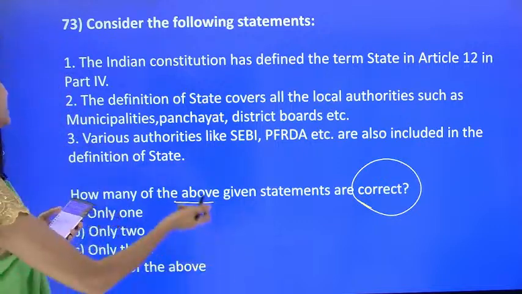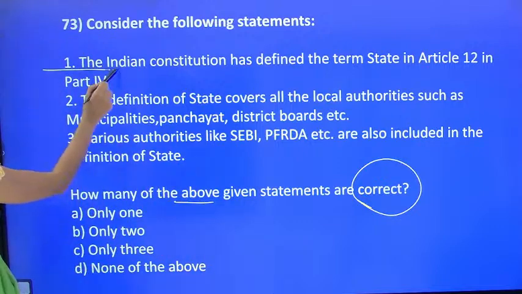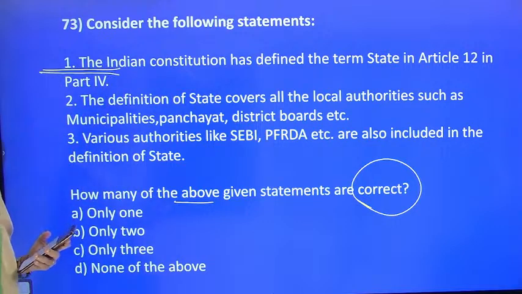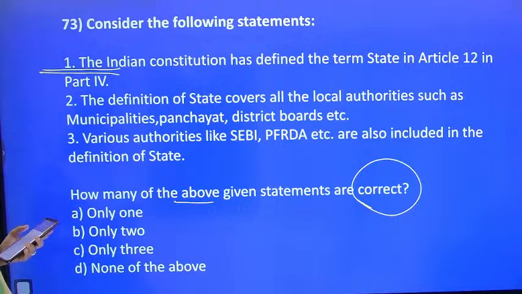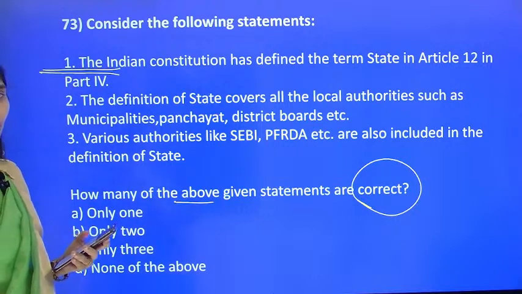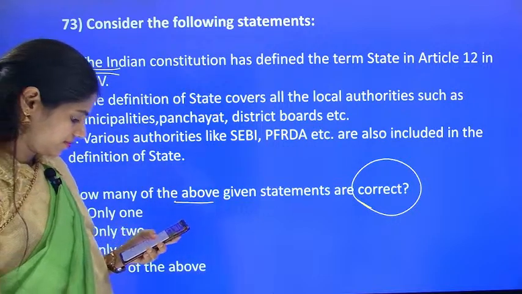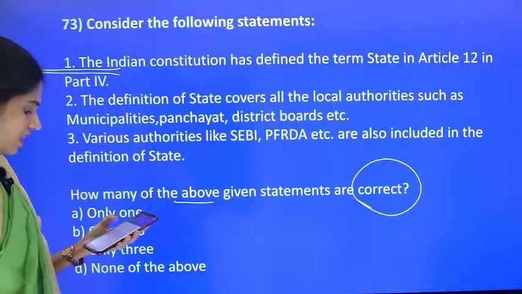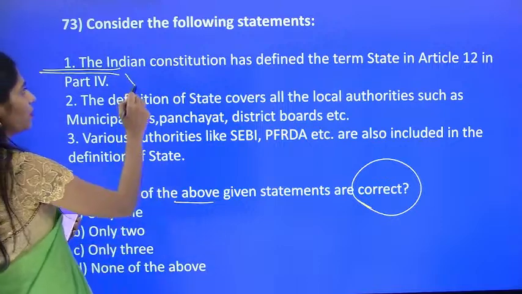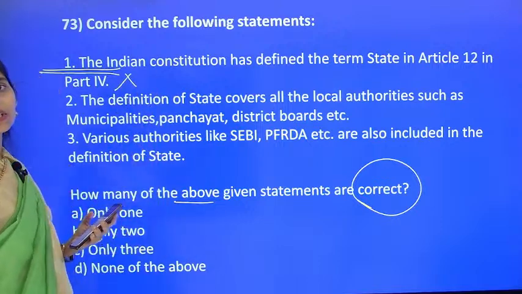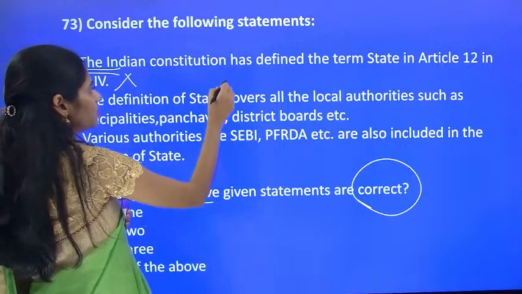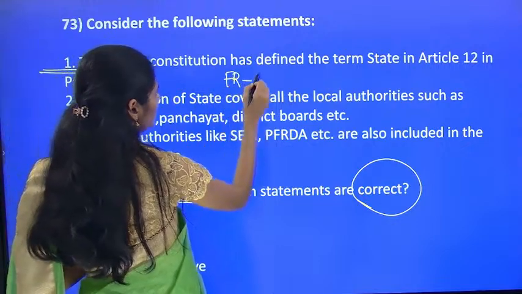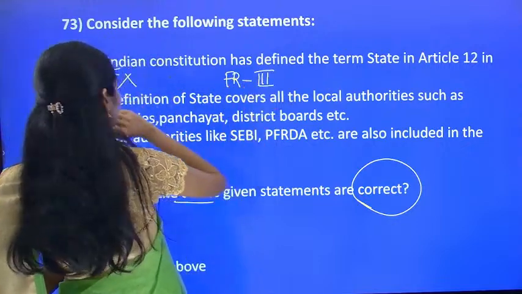Okay, read this first statement, whether it is correct or not. Indian Constitution has defined the term state in Article 12 in Part 4. Yes, the first statement is wrong, because Article 12 comes under fundamental rights, it is under Part 3 but not Part 4.